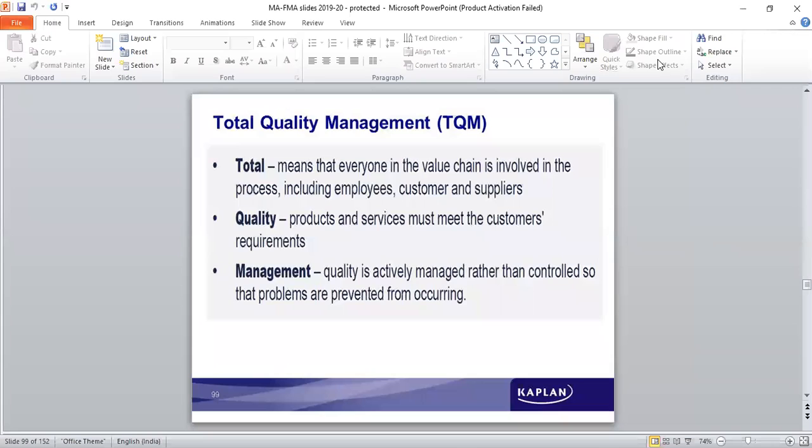So those businesses which are into manufacturing of products, there is an effort made by the businesses to improve their performance on a continuous basis, which we call TQM or total quality management.